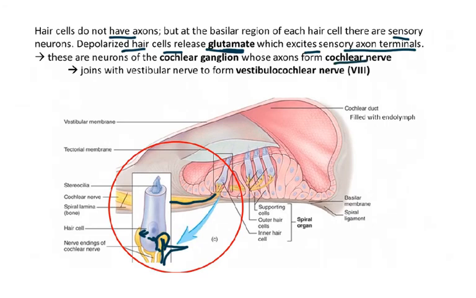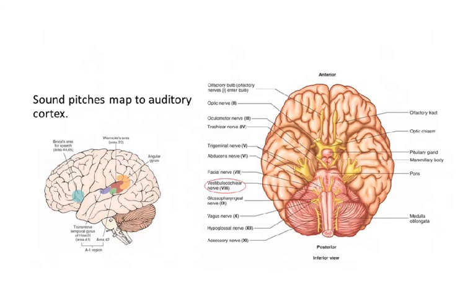Then it's going to join with the vestibular nerve, which is coming from the semicircular canals and vestibule for balance, and those together will form the vestibulocochlear nerve. And that vestibulocochlear nerve is the 8th cranial nerve.